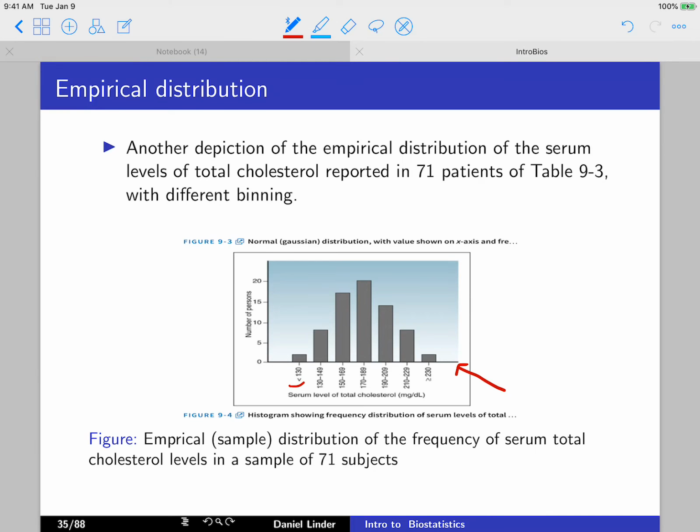So serum cholesterol less than 130, between 130 and 149, between 150 and 169, between 170 and 189, between 190 and 209, between 210 and 229, and greater than or equal to 230. And on the y-axis are the number of individuals in that data set in each of these bins.